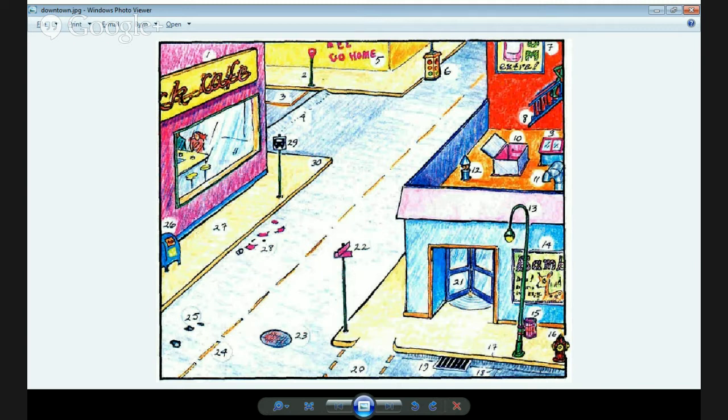So we just say cafe window. That's a compound noun. I'm going to write this for you as well. And another example of a compound noun is police officer. Just as another example, fireman is a compound noun.